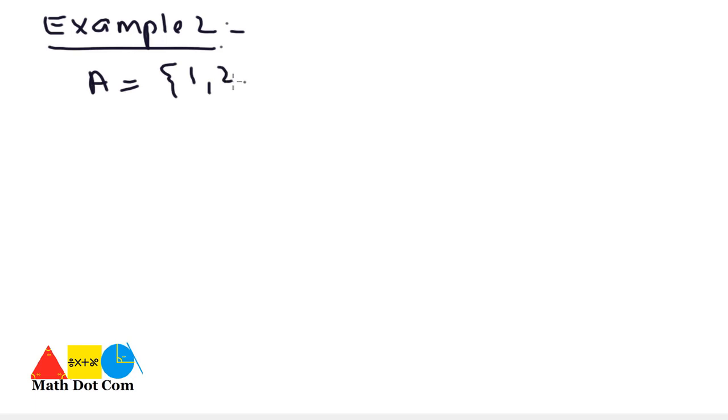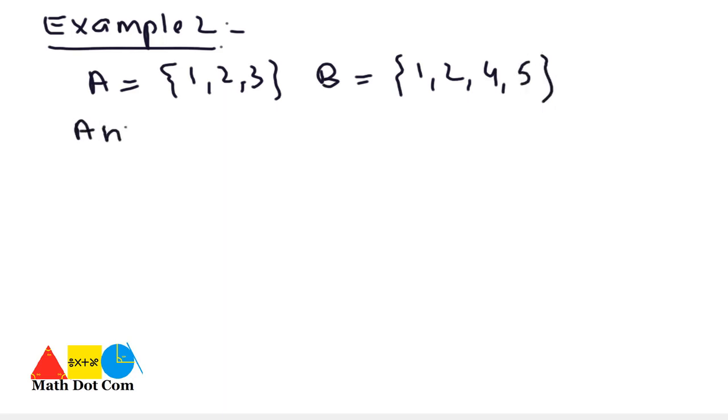Let's have a few more examples. Example 2. We have A equals 1, 2, 3 and B equals 1, 2, 4 and 5. Their intersection, A intersection B, is equal to, what are the common elements?